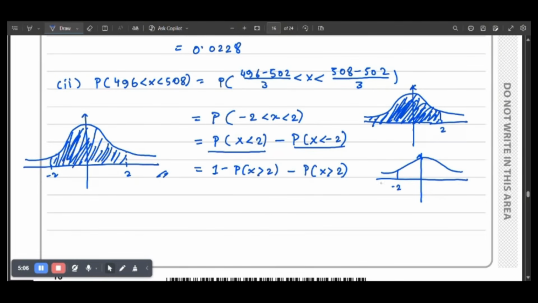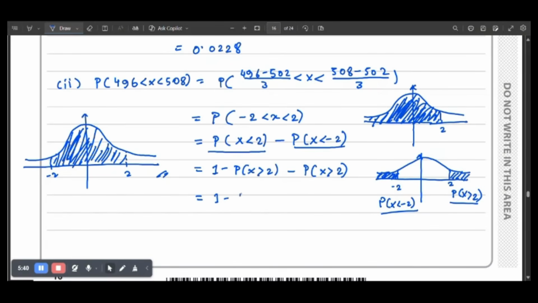We have previously shown that the probability that x is less than minus 2 equals this region. This region is exactly numerically the same as this region, which is the probability of x greater than 2. These are exactly the same region. That's why we can replace the probability of x less than minus 2 with the probability of x greater than 2.